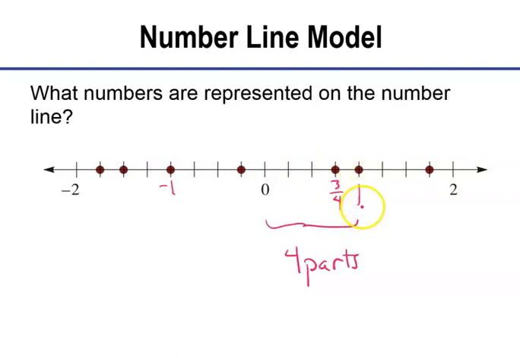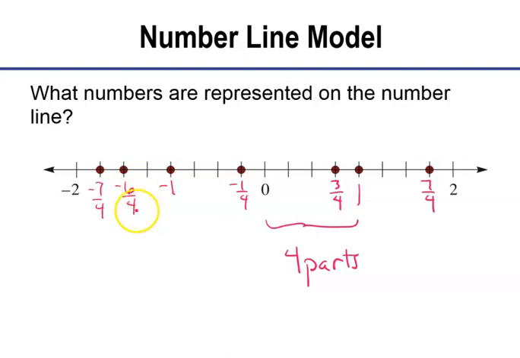But we simplify it as 1. 5/4, 6/4, 7/4. If we go backwards into the negative numbers, this would be negative 1/4, negative 2/4, negative 3/4, again negative 4/4, which is equivalent to negative 1, negative 5/4, negative 6/4, and this would be negative 7/4.